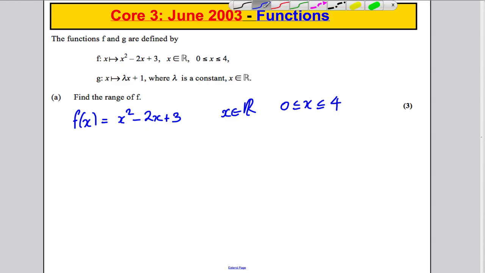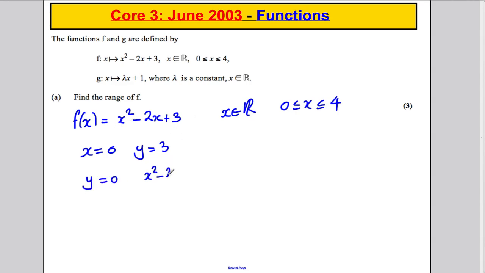What does that graph look like? Well, what you can do is you can say if x is 0, what is y? Y would be 3. And you could also say what would happen if y was 0. If I tried to solve x squared subtract 2x plus 3 is equal to 0, because the discriminant b squared minus 4ac is less than 0, there are no roots.